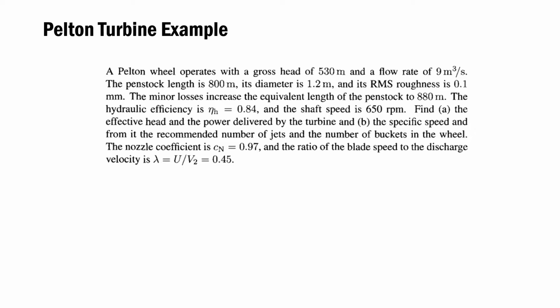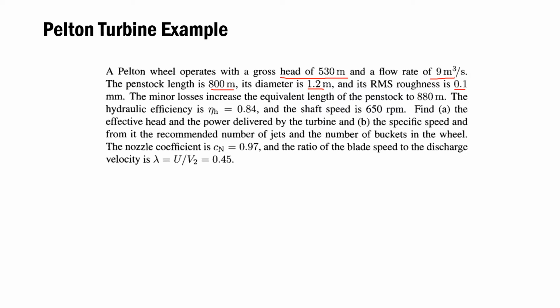First we have the gross head, which is equal to 530 meters, the flow rate inside the penstock 9 meter cube per second, the length of the penstock 800 meters, the diameter of the penstock equal to 1.2 meters, and the RMS roughness of the penstock equal to 0.1 millimeters.